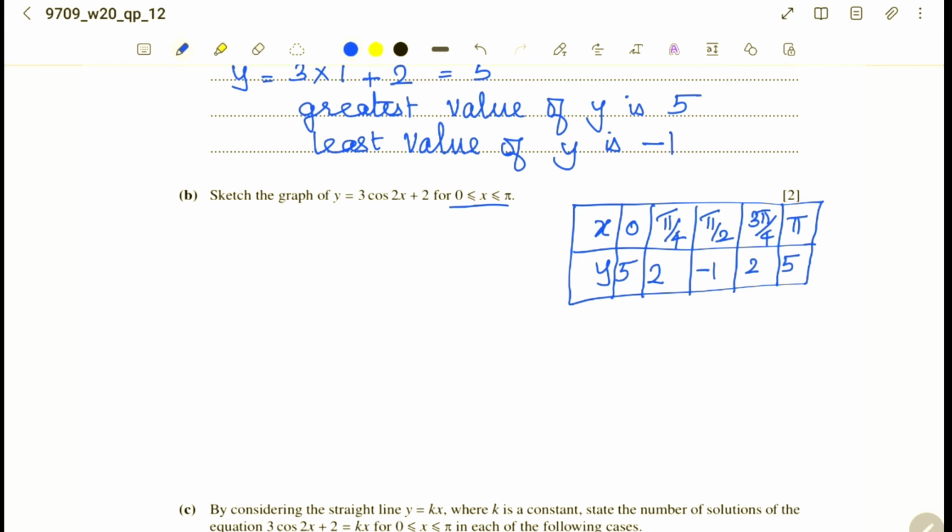Now let us sketch this graph. This is x and this is y.